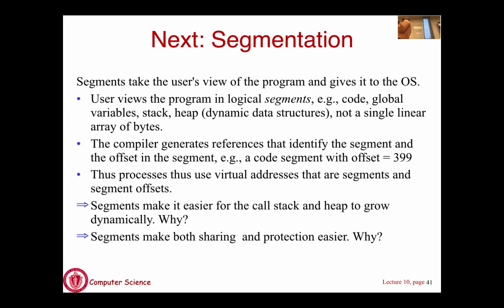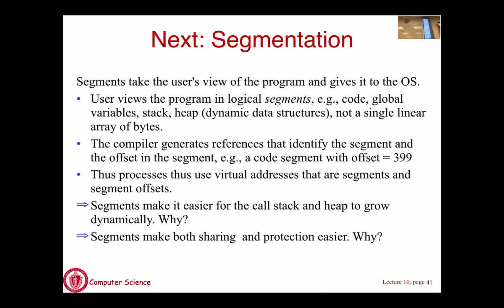The next scheme is called segmentation, and this scheme thinks about allocating memory in a way that relates to how processes view memory. If you remember the picture I drew some time ago, the logical layout of a process has a text segment, a stack that grows upwards, and a heap that grows downwards.